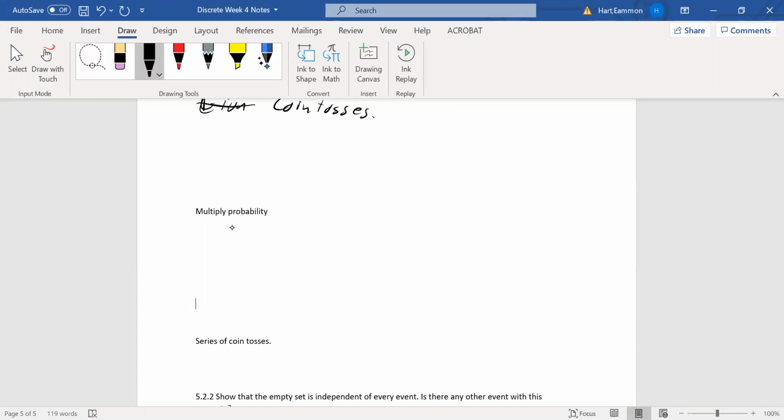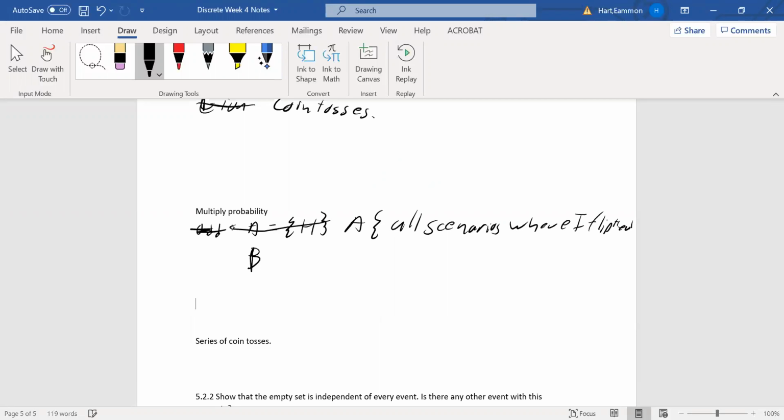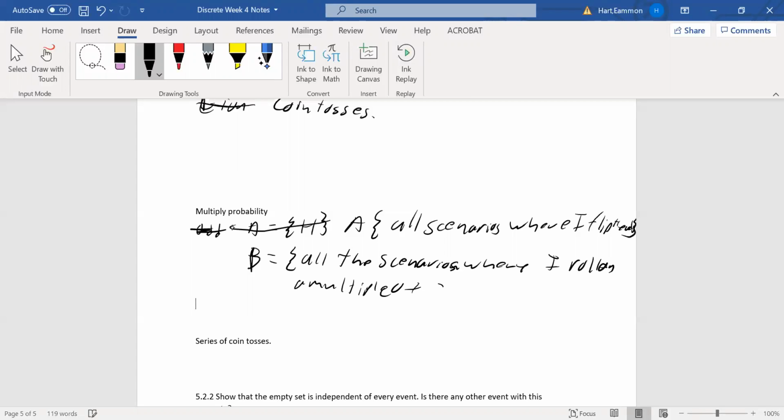So if A is all scenarios where I flip heads, and B is all the scenarios where I roll a multiple of 3, oh, sorry, I first said an even number, on a six-sided die.